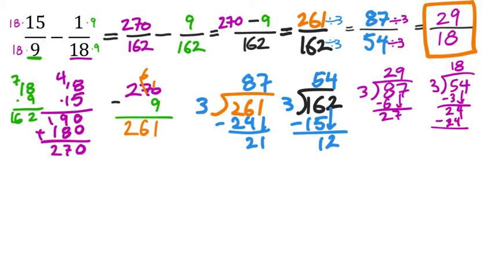Now, again, you may feel like, well, it's taking a long time there at the end. That's true. And you may think to yourself, well, perhaps it would have been shorter to have just made the list. That's up to you. Okay. Again, there's never a time where we're going to say you have to use a specific method to solve these problems. Some of you, by the way, notice that 18 is a multiple of 9. So you would have just scaled this up so that you had common denominators of 18.